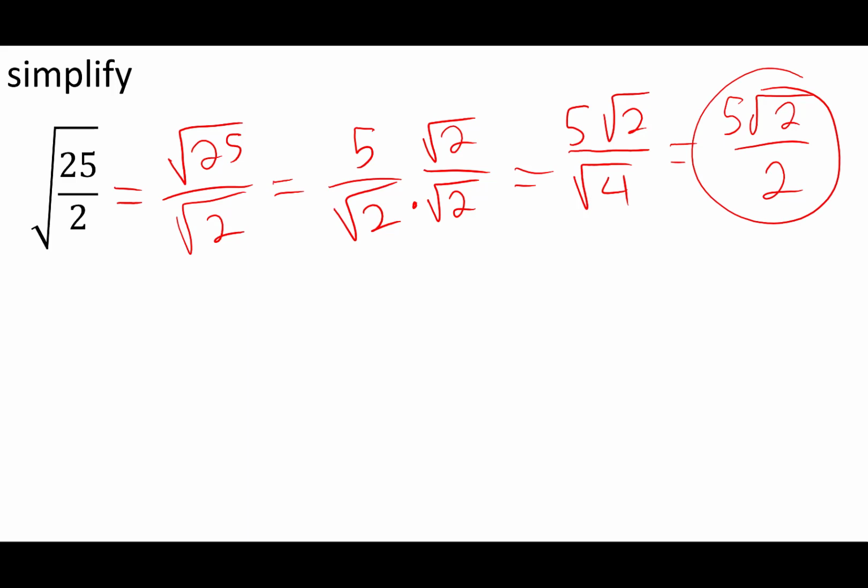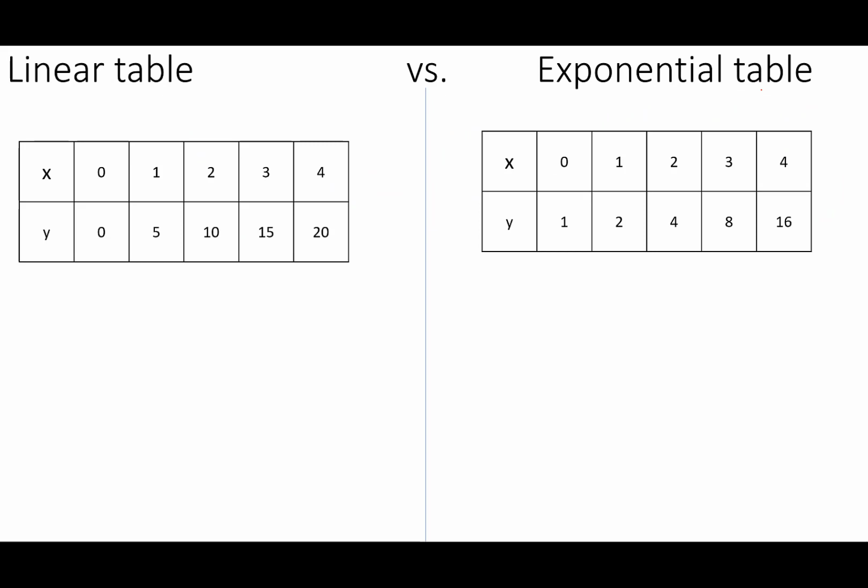All right, so now we're going to quickly talk about exponential and differentiating exponential from linear. Okay. Linear tables, we will be adding. So notice on this one, I'm adding 5 each time. And on exponential, we will have to be multiplying by the same number.